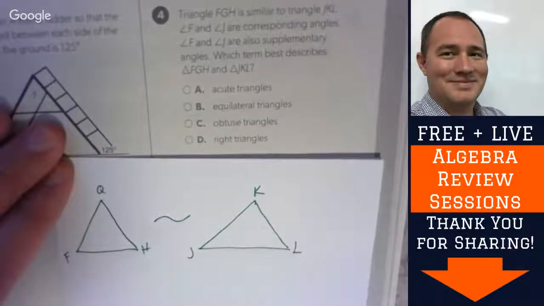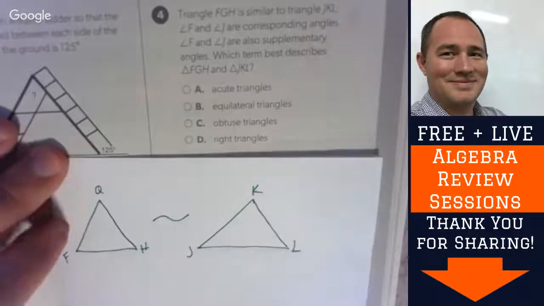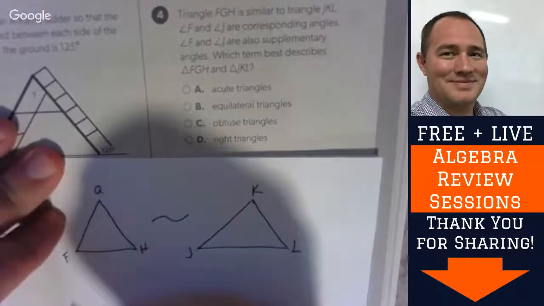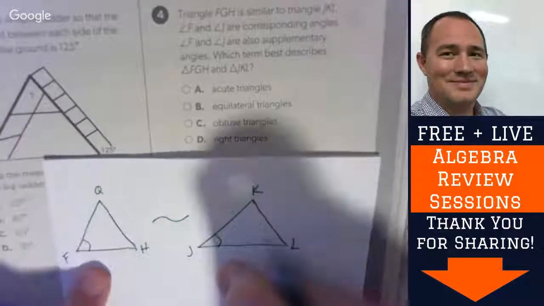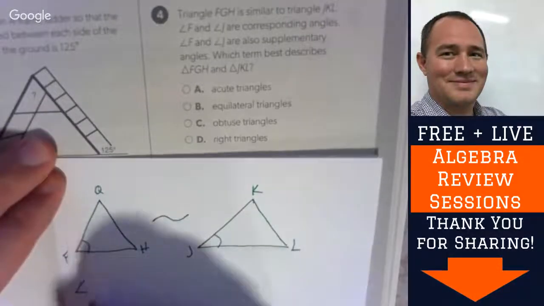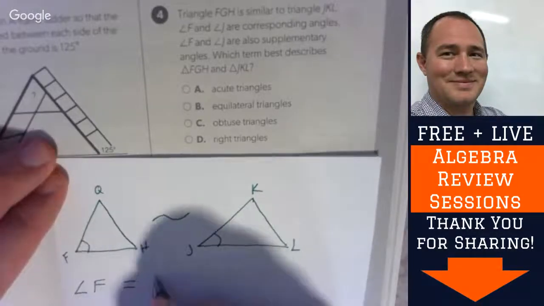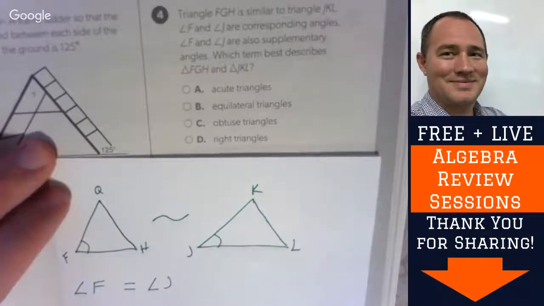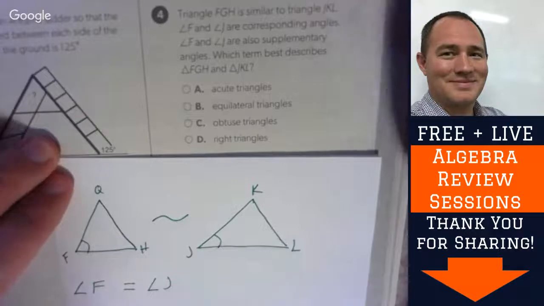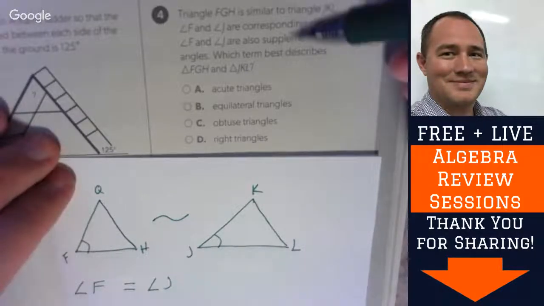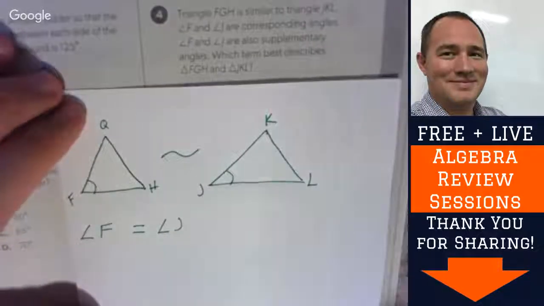So that's where it can be a little bit confusing, because you say, well, if they're corresponding, that means they're the same, that F and J are the same measure, angle F equals angle J, if you're to measure those, not visually, but per the logic. But they're also supplementary. So what scenario would that happen?